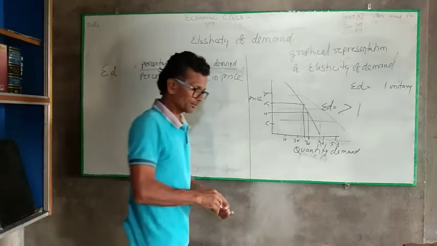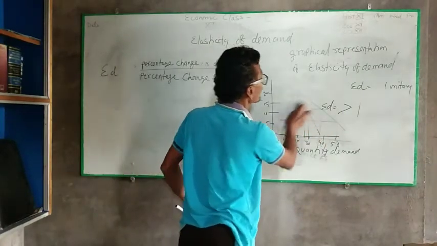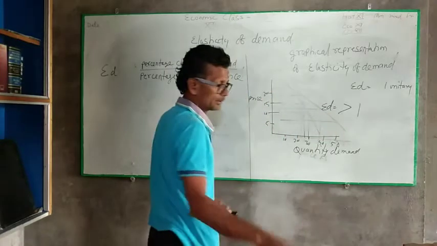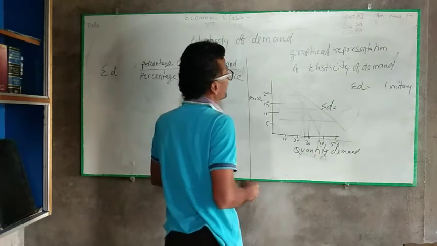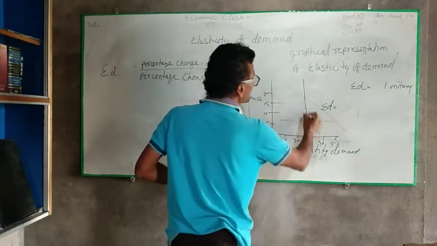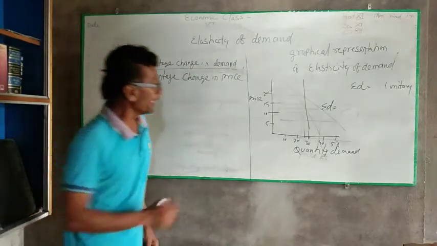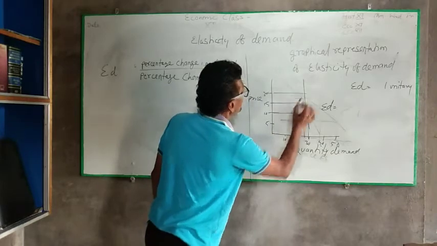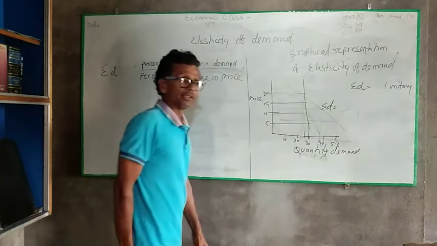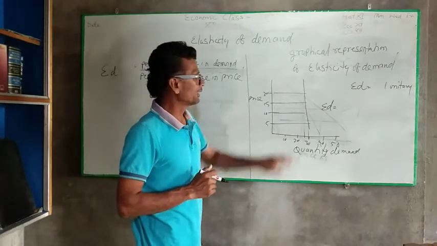If this graph becomes perpendicular almost like this, near about 90 degree or equal to 90 degree, it means the price is changing, increasing or decreasing, but there is negligible change in the demand.